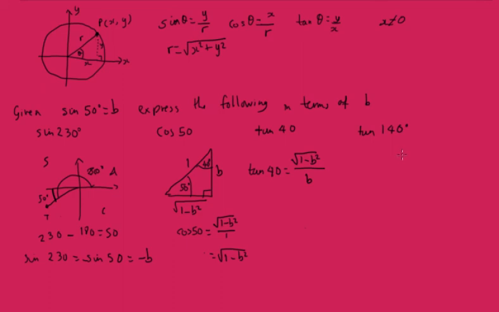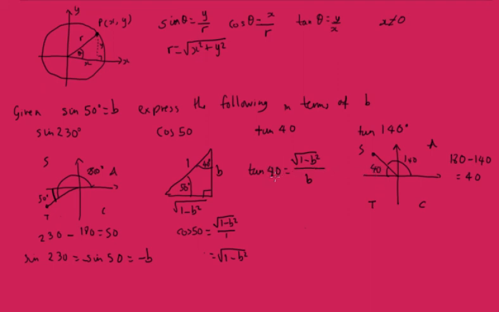Now let's think of the tan of 140. So 140 is over here. It's 140. And we've got our ASTC. Now 140, what's that? What's this angle in here? 180 minus 140 will give us 40.